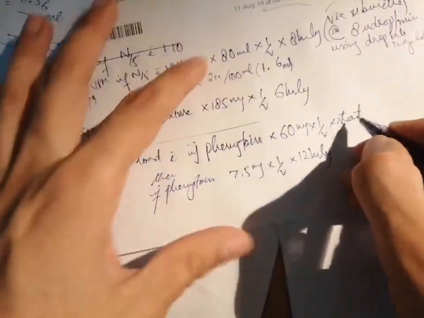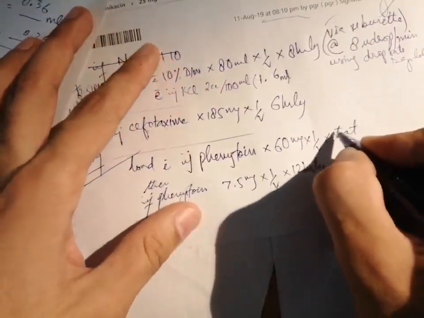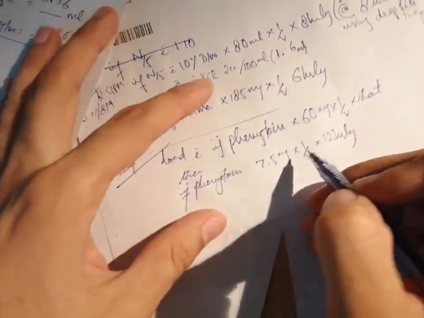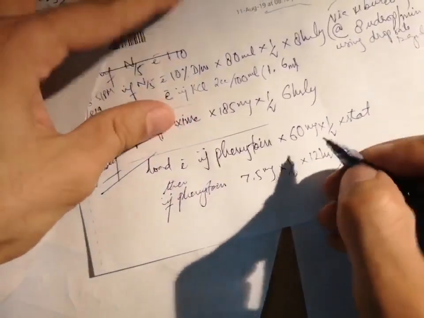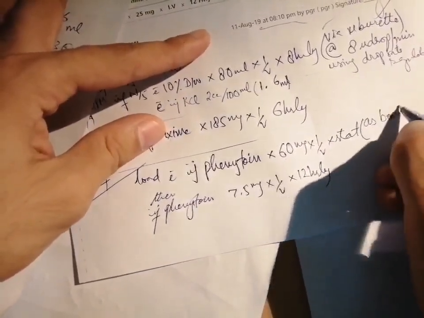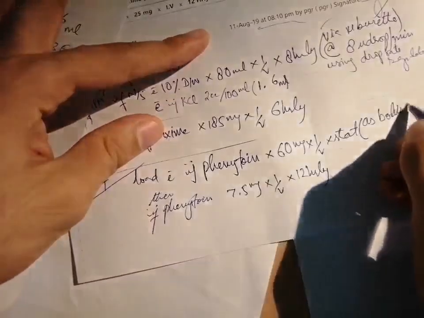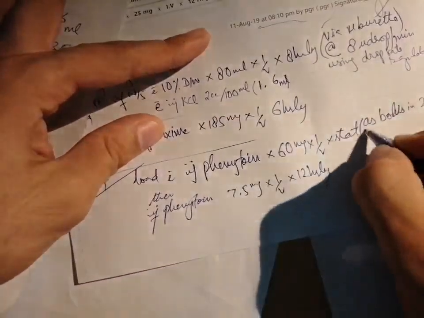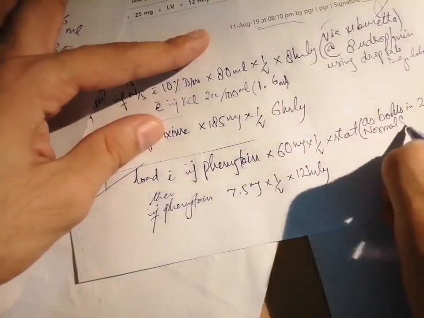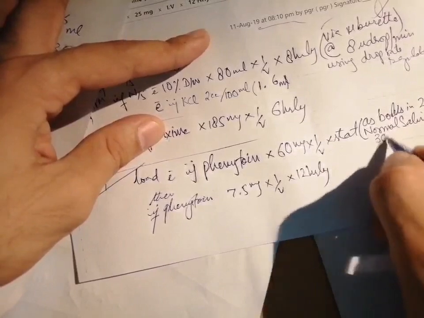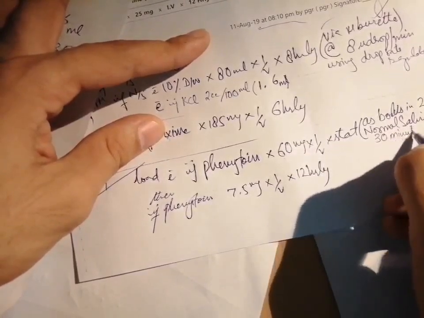You must write here, since these are the wrong orders, we will correct them as bolus in 20 cc normal saline over 30 minutes.